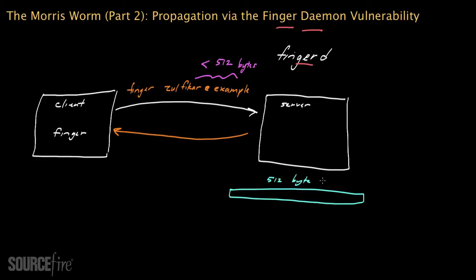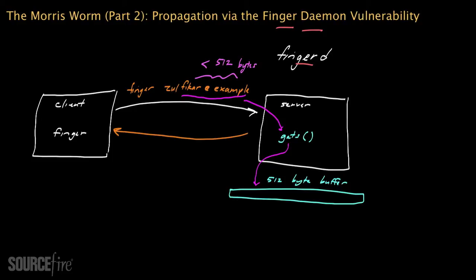Underneath the hood, the fingerd program uses a well-known subroutine in the C programming language called gets, which, as the name might imply, is used to read in, or to get, a string. In the case of the fingerd program, this string corresponds to the user and host name that is supplied by finger. gets will basically read in the username and store that username in the buffer that was allocated to store it.